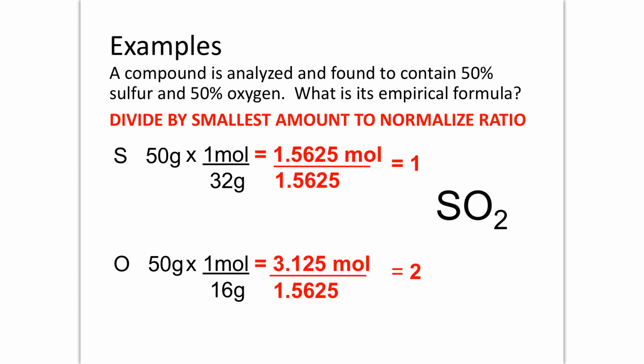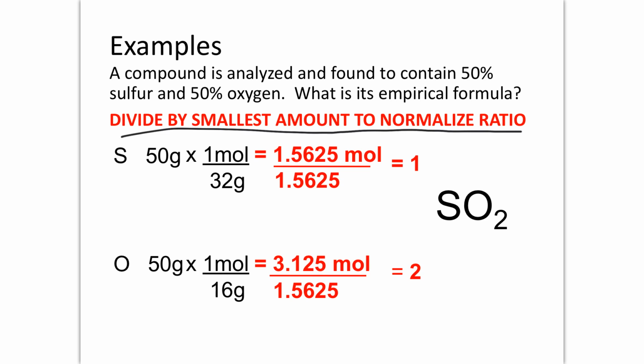Okay, so now that we have the molar ratio, the moles of each thing, we're going to convert it into a whole number ratio by dividing by the smallest amount to normalize the ratio. So I look at my numbers here, and I see that 1.56 is smaller than 3.125, so I divide everything by the same number, which is the 1.56, to get a ratio of 1 to 2.